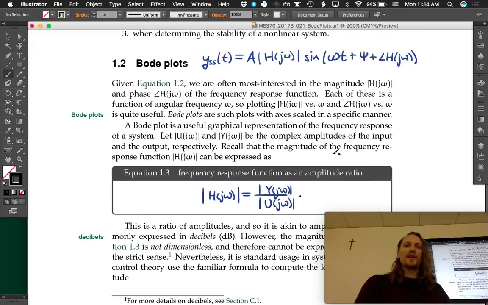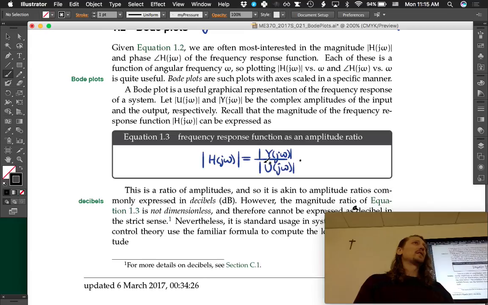Like, if you go back up to this, there has to be a unit, because the output doesn't necessarily have the same unit as the input amplitude, right? The input could be force, and the output could be a position. And so you have to have a unit conversion happen there. So the magnitude of h of j omega has to have units, right? So we don't want to just gloss over that. We're still gonna use this decibel equation, this formula for decibels, untouched. We're just gonna use it, and we're gonna recognize that the units are just implied.